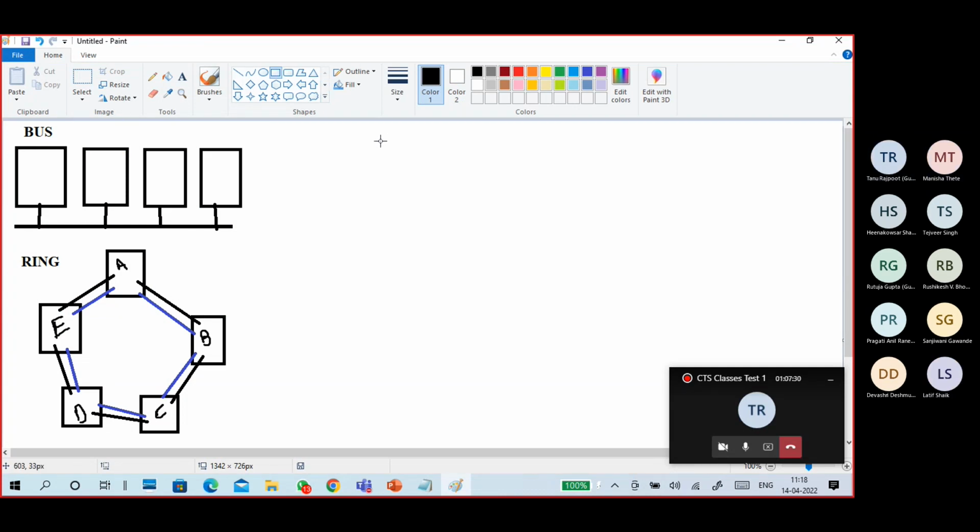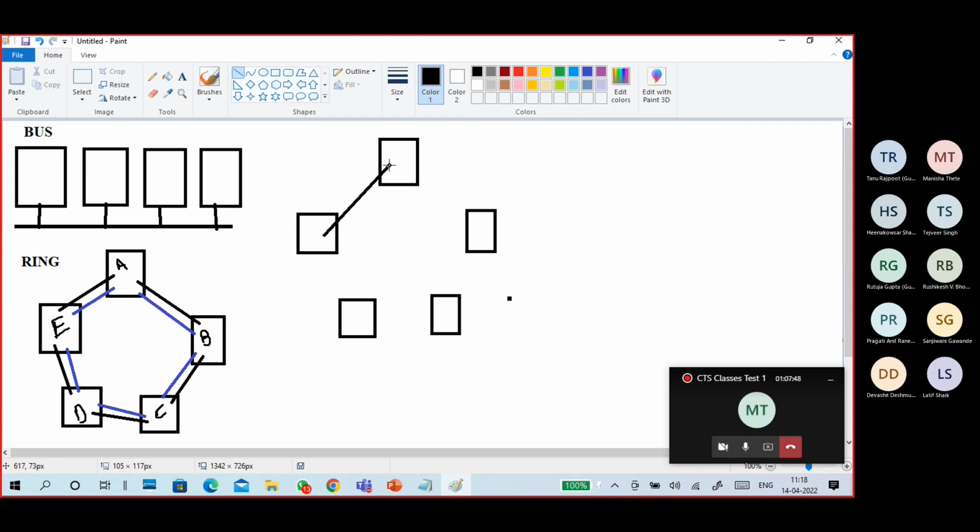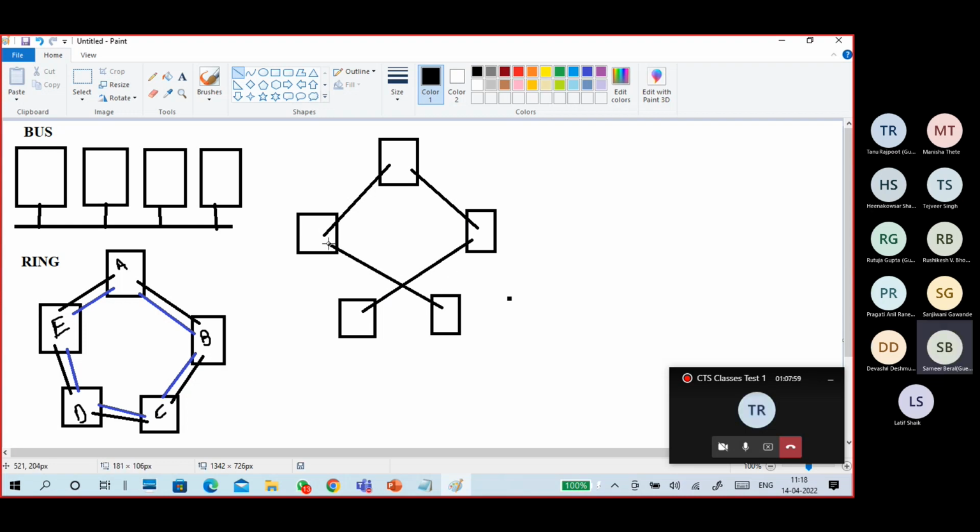Next one is like this. Can anyone guess what topology it is?